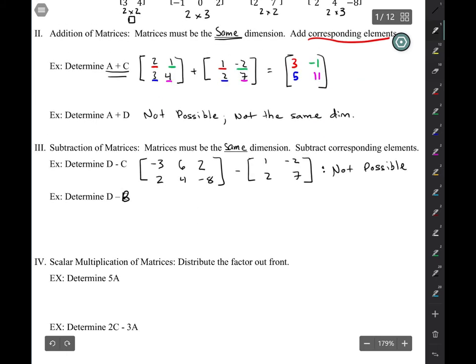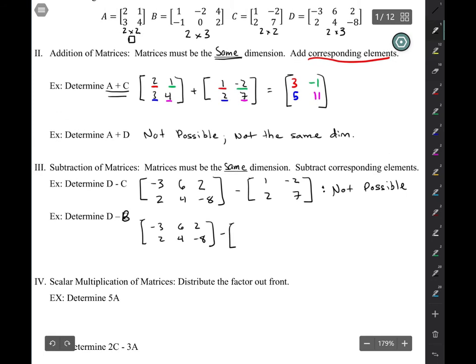And just to show you subtraction here, negative 3, 6, 2, 2, 4, negative 8, and subtracting B, 1, negative 2, and 4, and negative 1, 0, 2, and you're just going to subtract each element.